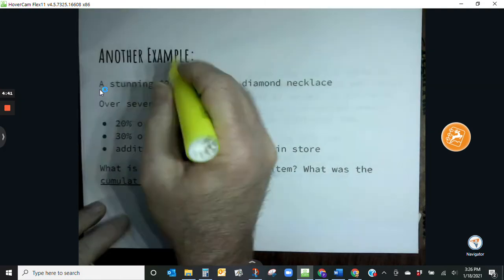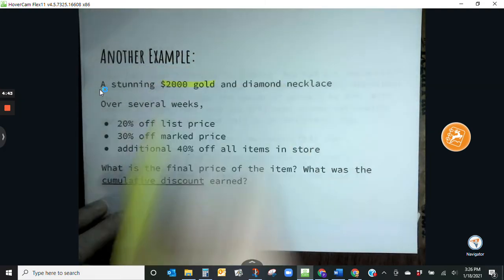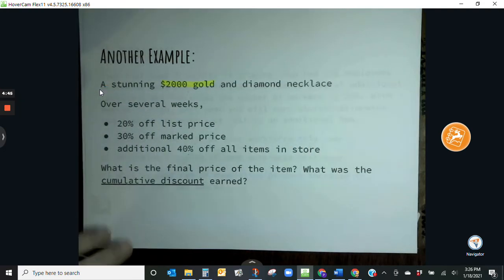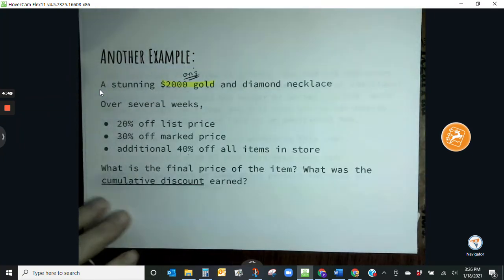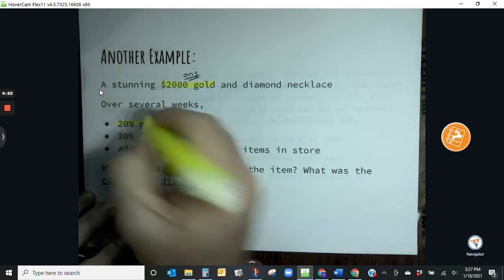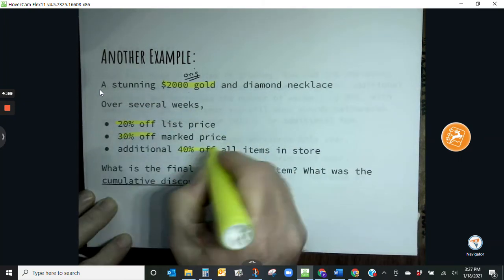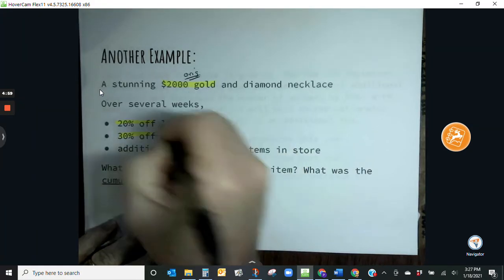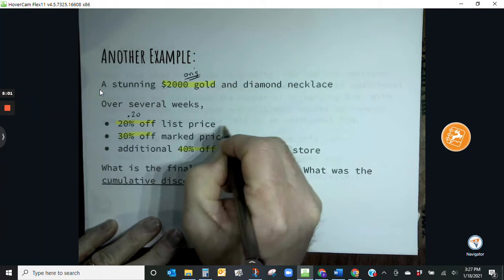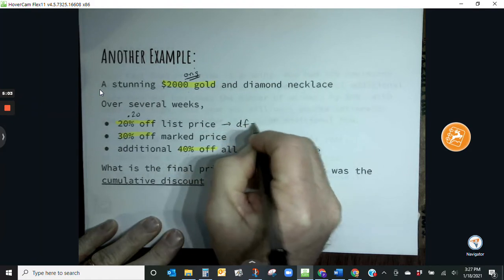This here is the original price. We have a 20% off, a 30% off, and a 40% off. If a 20% off, that's 0.2, that means my decay factor is 0.8.